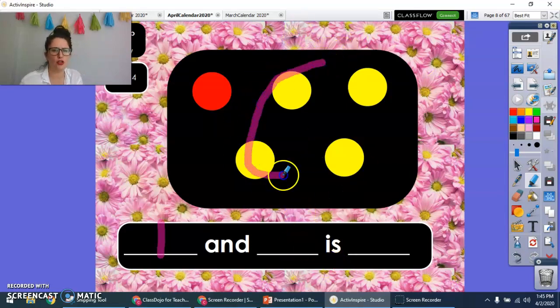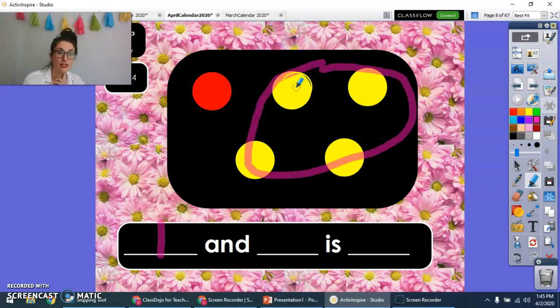So I'm going to circle all these yellows so I don't get confused. And I'm going to go ahead and count them. 1, 2, 3, 4. I could have counted them or I could have thought about what that pattern is in my head. So 1 and 4 is, who knows the answer to that? 1 and 4 is 5. That is correct. 1 and 4 is 5. Awesome job, boys and girls.